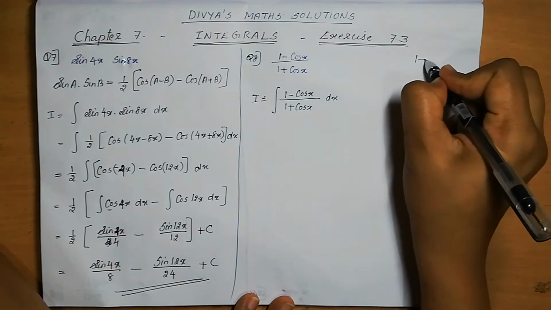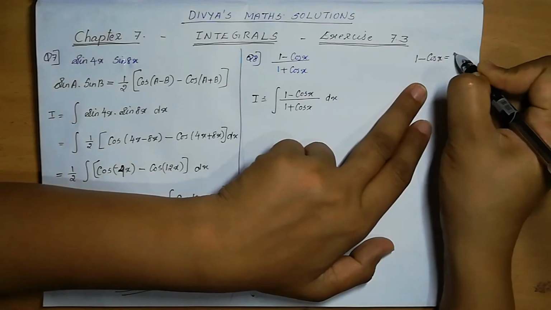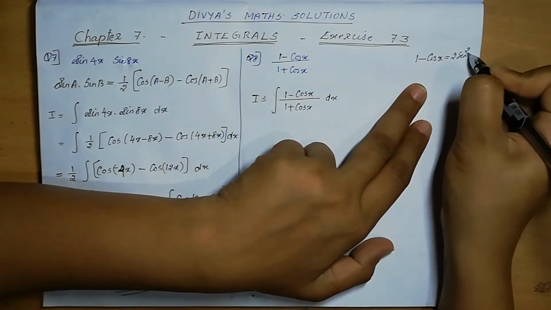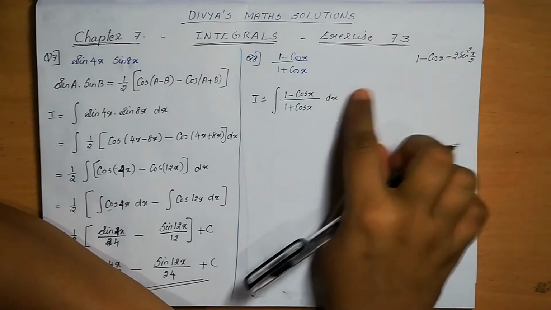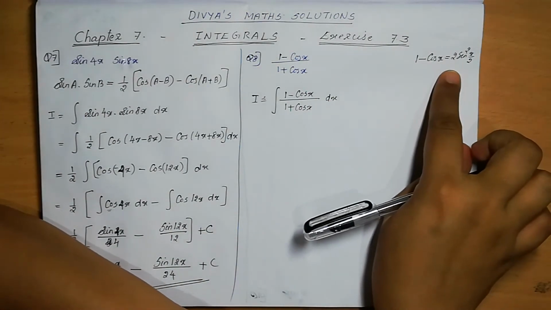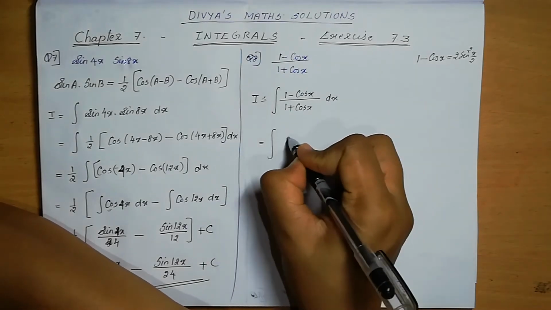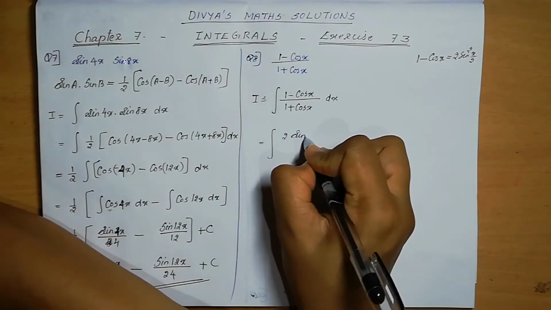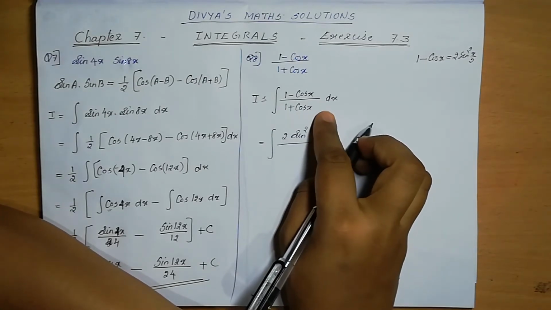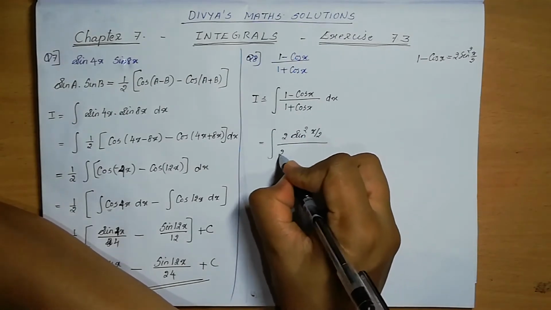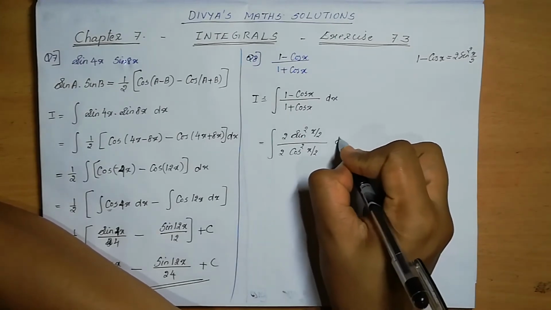We know that 1 minus cos x is 2 sin square x by 2, here it is half of the angle. So I equals integral 2 sin square x by 2 divided by 2 cos square x by 2 dx.